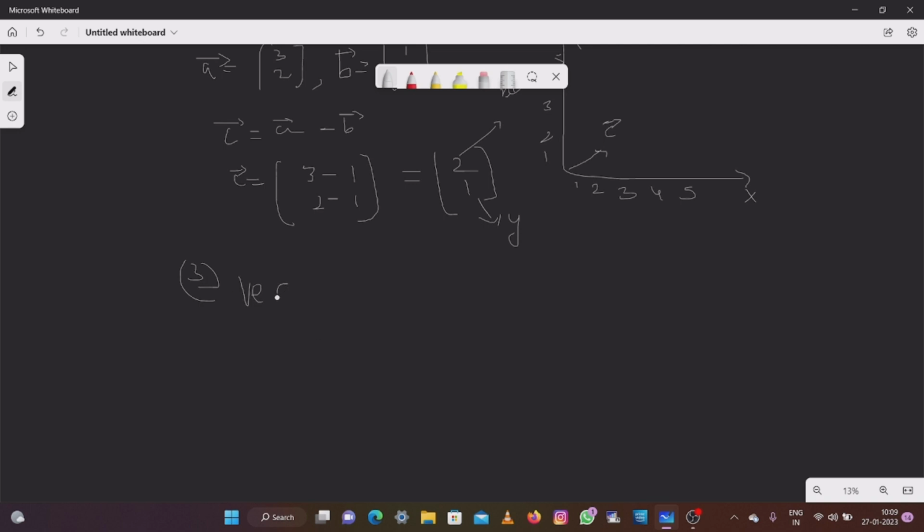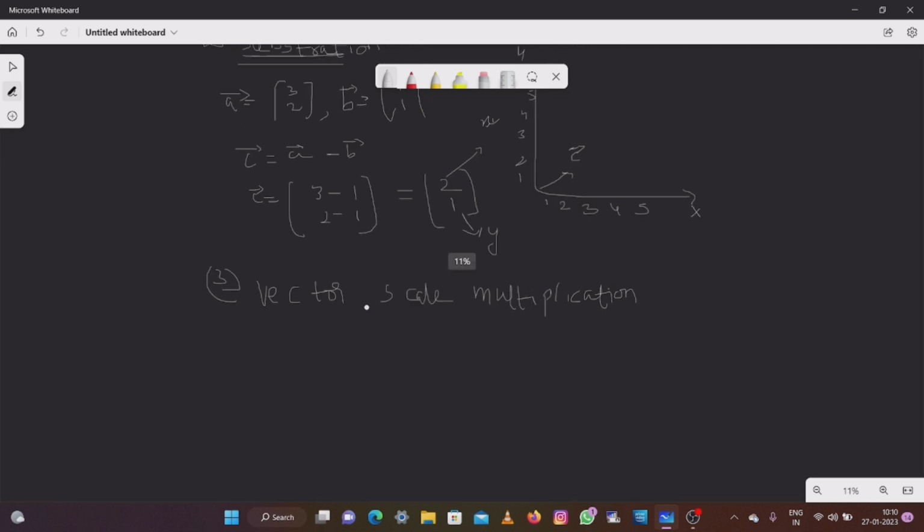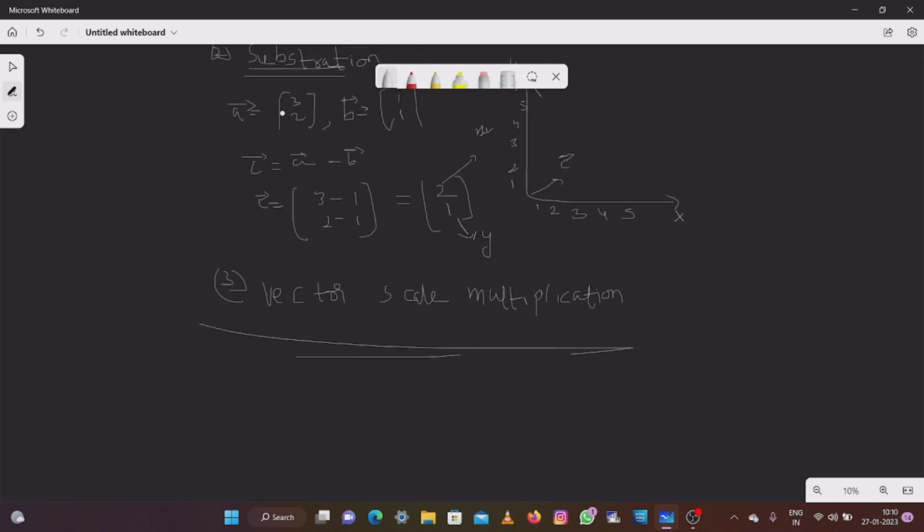So it is a simple vector scalar multiplication, the scalar multiplication.